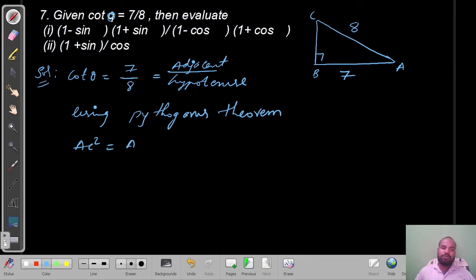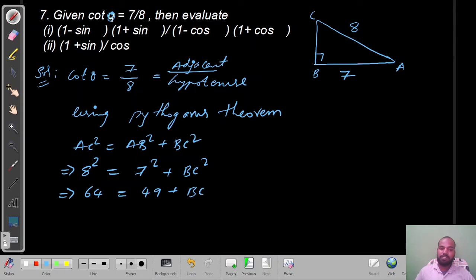AC square is equal to AB square plus BC square. AC is given as 8 square. AB is 7 square. BC is the unknown side, right? Now 8 square is 64 equals 49 plus BC square.